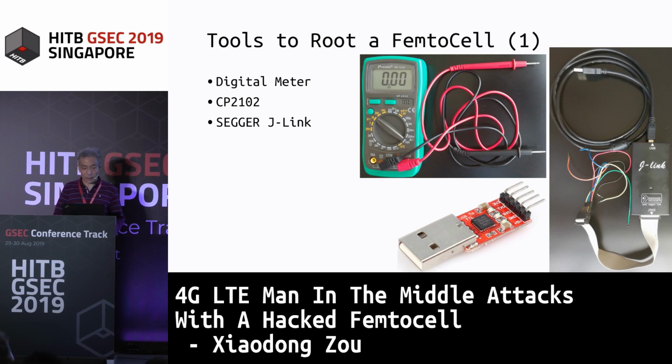The tools to root a femtocell: yes, we have a digital meter. This one is for testing the UART pins. And this one is for UART. This is for JTAG.